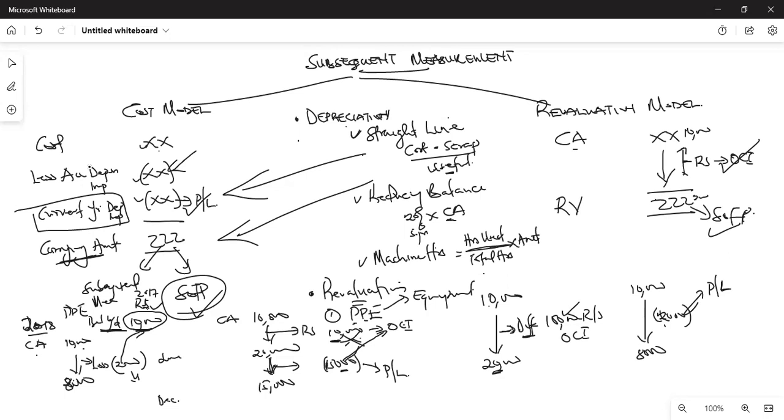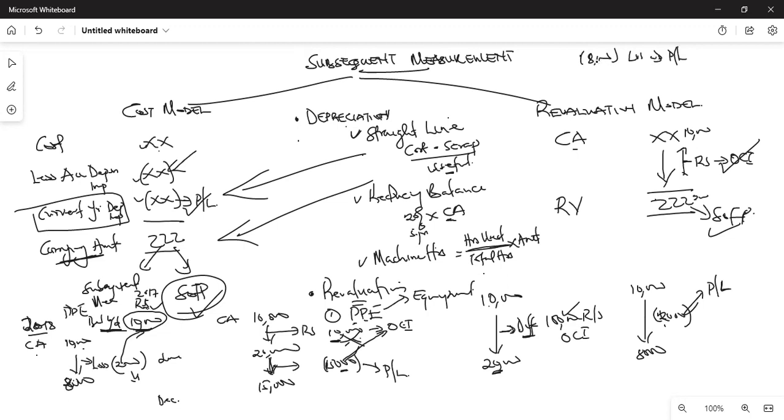What you are telling me is that last year there is a balance of, let's say, 8,000 loss, which will already be seated in the P&L, so it won't be in the OCI.